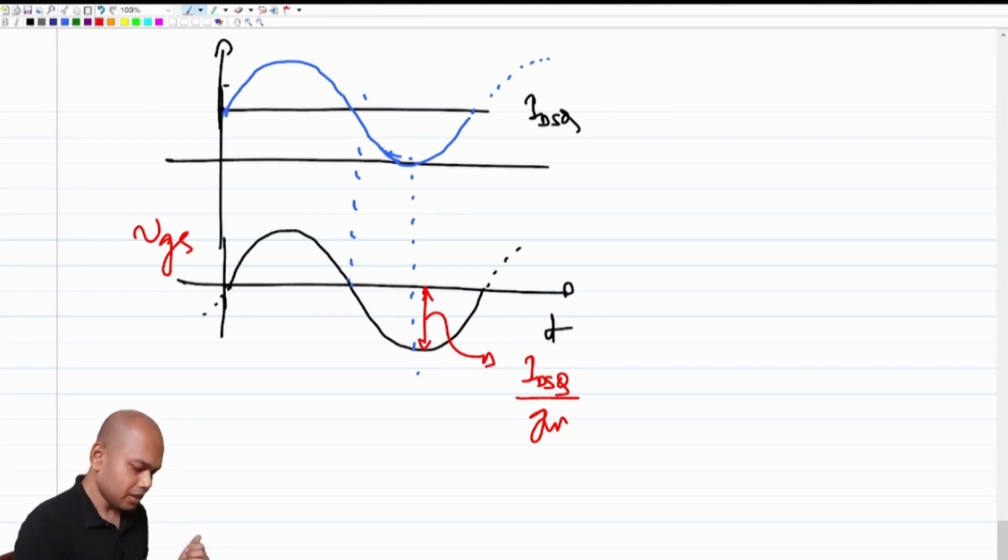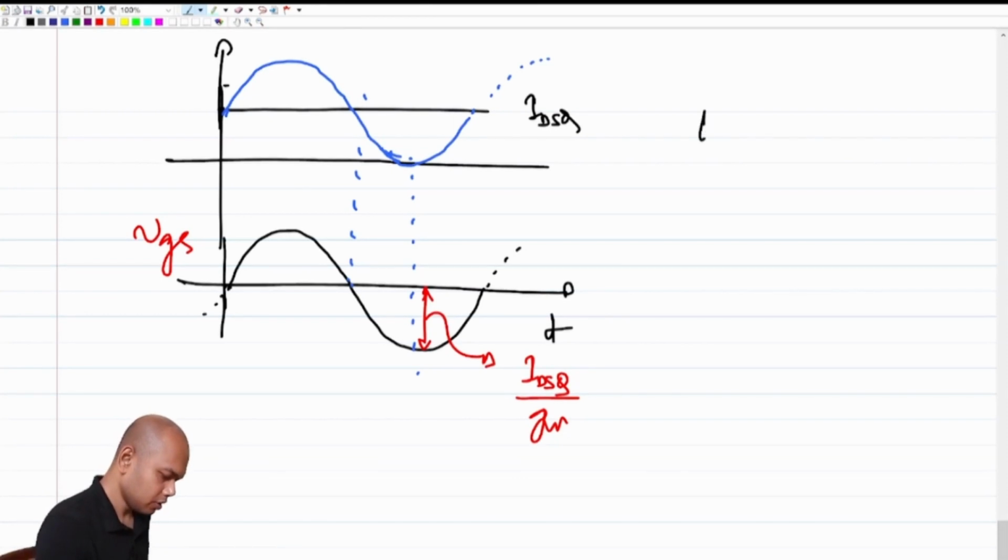Now you would have seen that we have gotten two constraints.